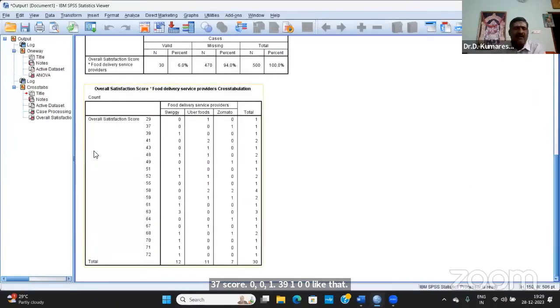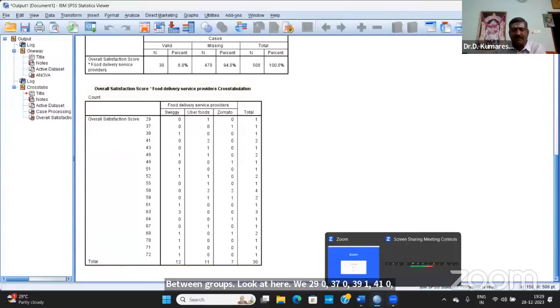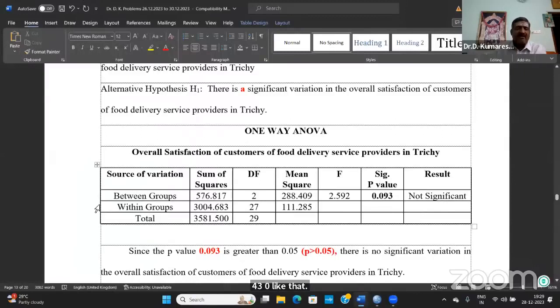So in some scores, 1 is available, 2 is available, or 0 is available. Between groups. Look at here, within groups, 29, 0, 37, 0, 39, 1, 41, 0, 43, 0, like that. So if comparison is made between groups, then this one.